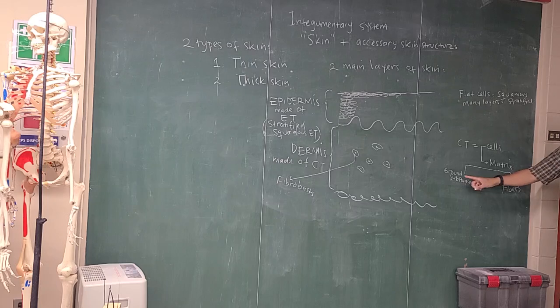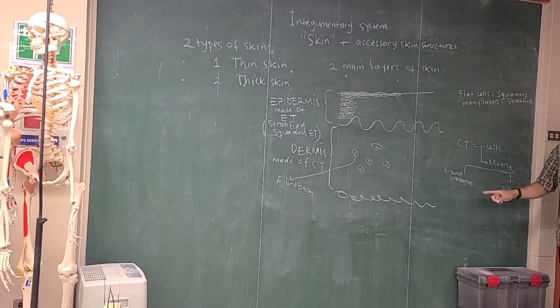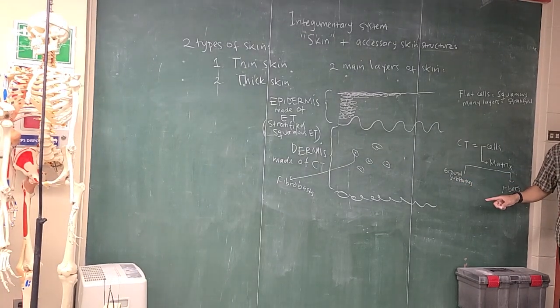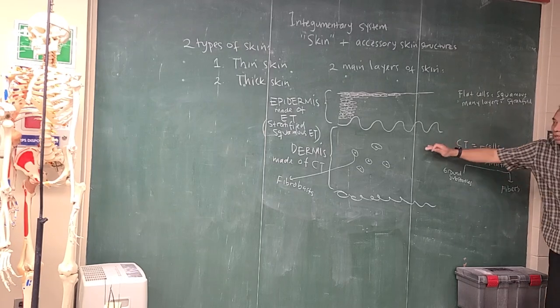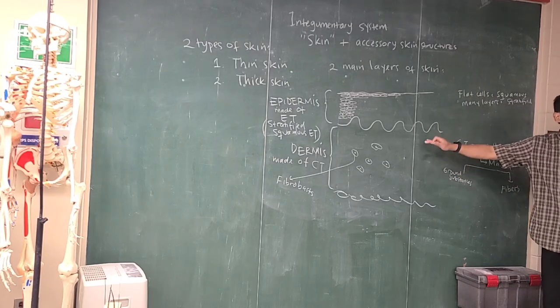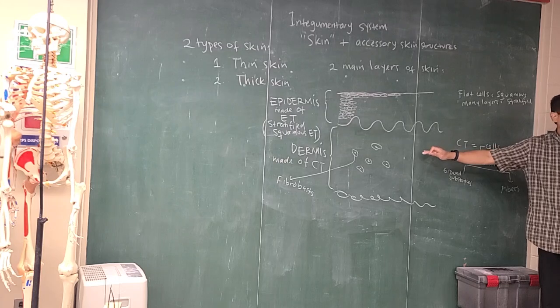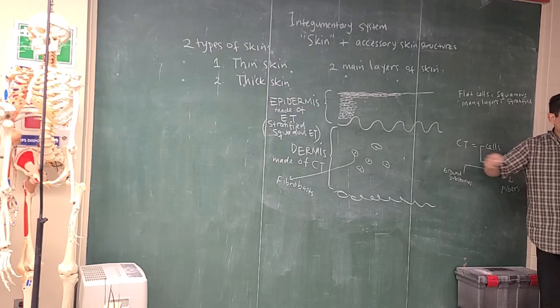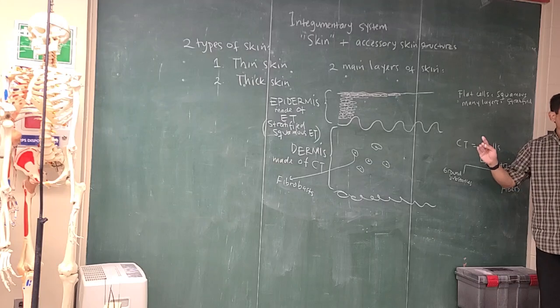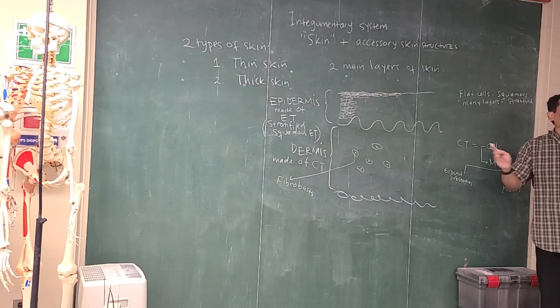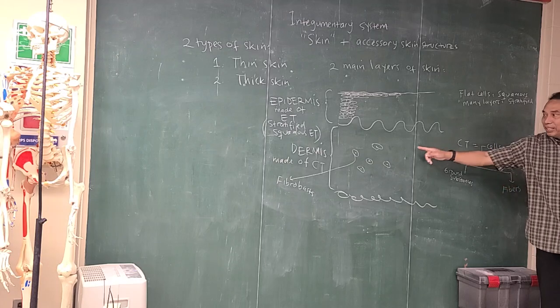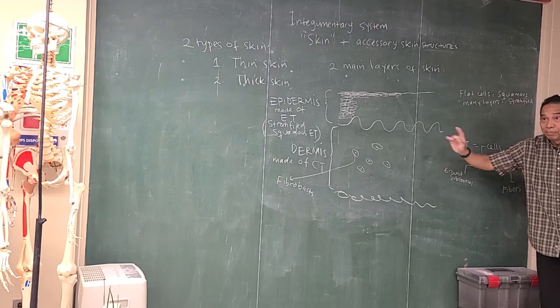And there are three types of ground substances, maybe liquid, like in the blood, or maybe solid, like in the bone, or maybe gel. Actually over here it is kind of gel. It's not solid, it's not liquid in the dermis. So therefore, you can push the skin and it goes back. Get it?